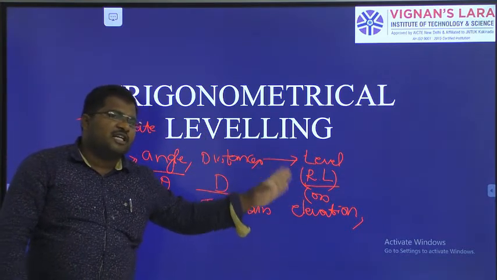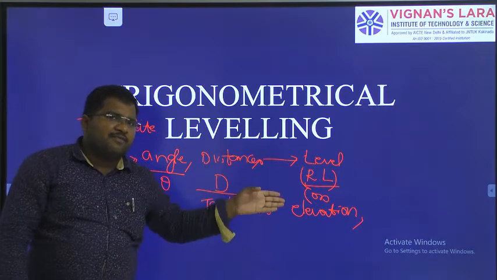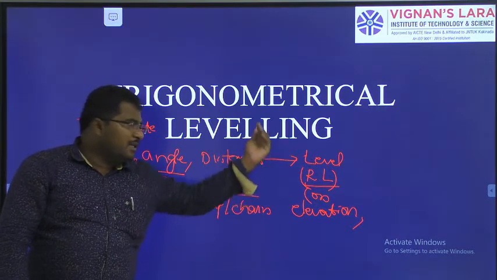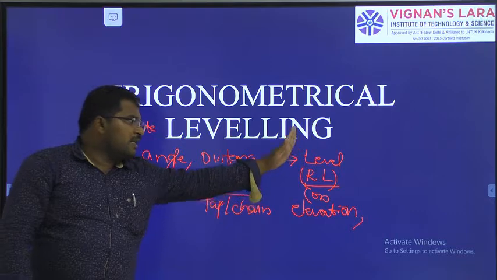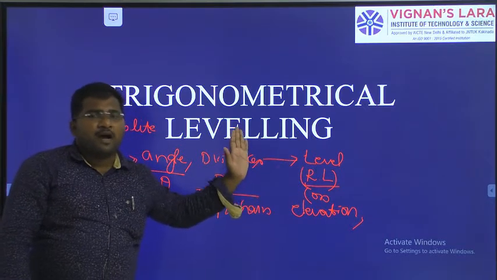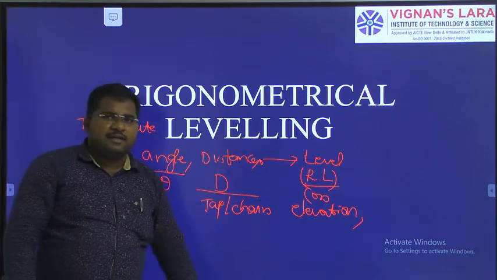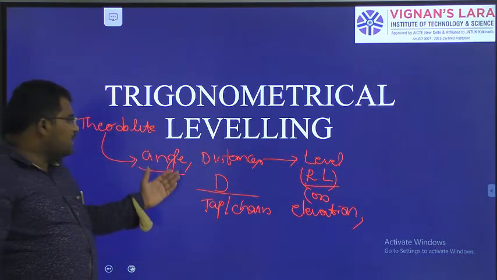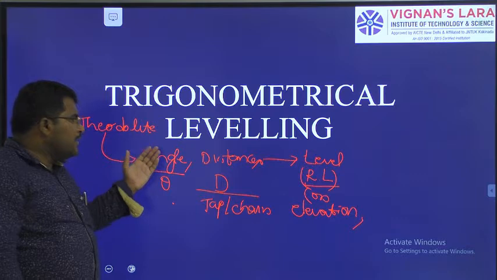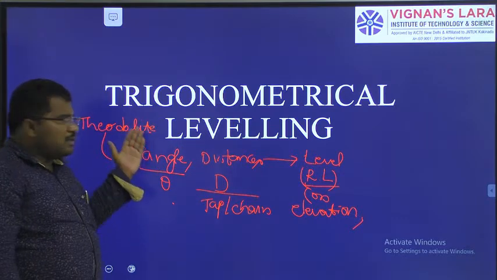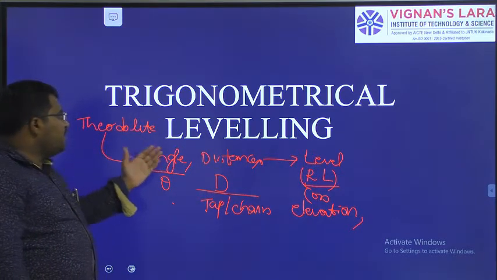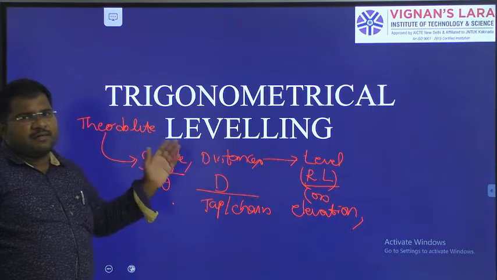We are not going to set up any level staff at the site of the object, but we are still going to know the elevation. That elevation is calculated based on theta, the angle taken from the station, that is the theodolite, and the distance measurement.